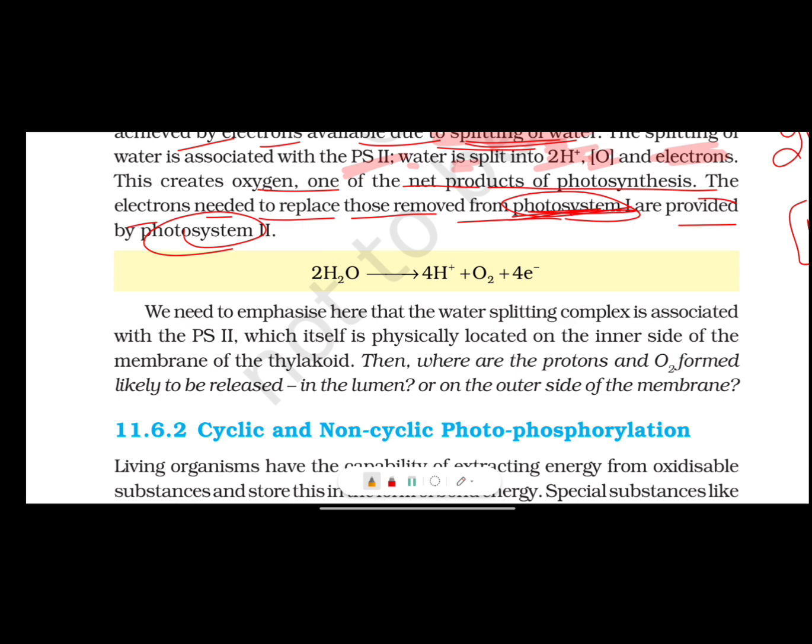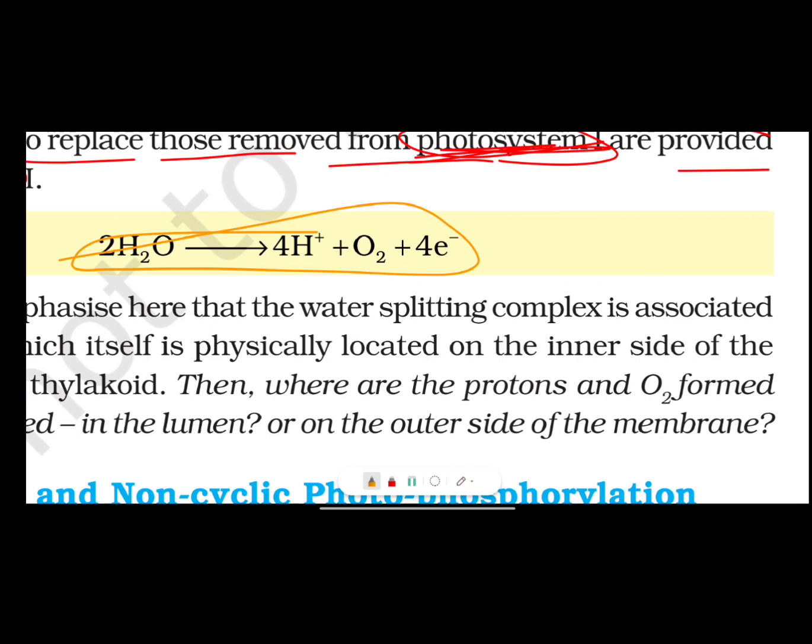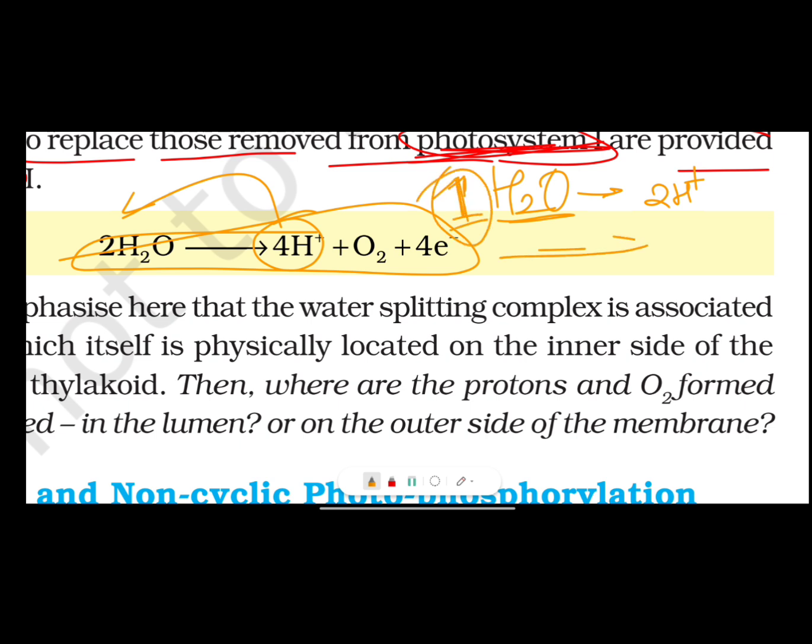Okay, this is the reaction that is given over here, and you may get some doubt. Some people may get doubt that if an H2O molecule is split, how much H plus do we get? 2H plus. Yes, but why here 4H plus? Yeah, you are right. This is 1 mole, 1 mole or 1 molecule of water.